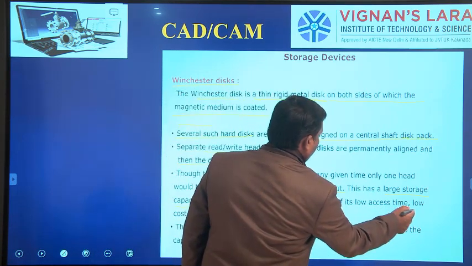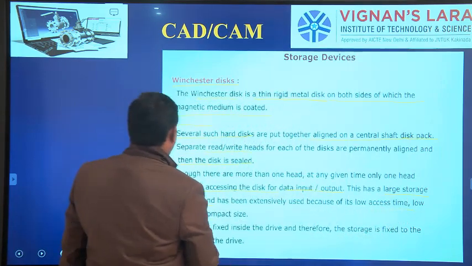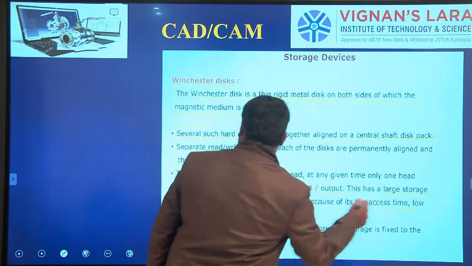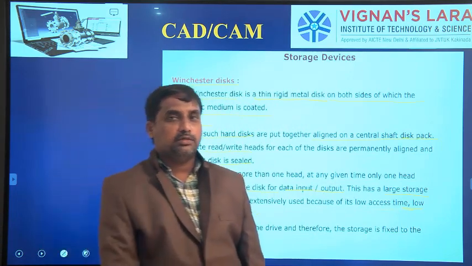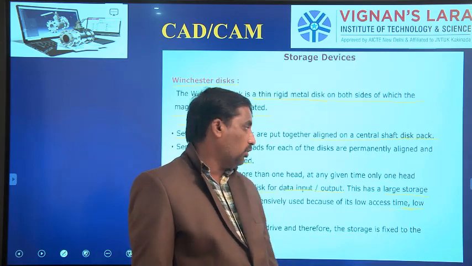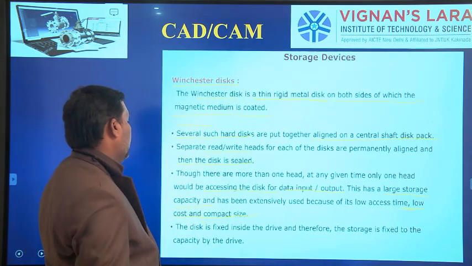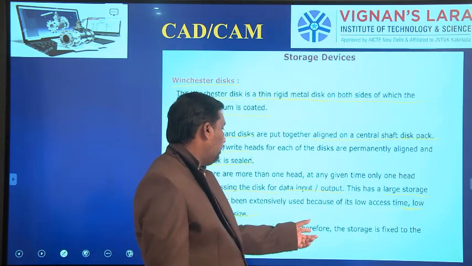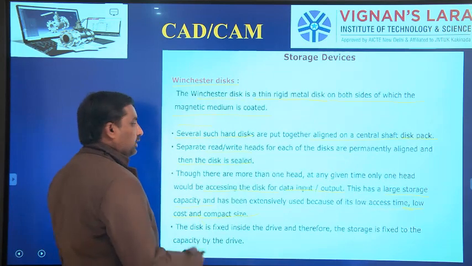Its features are low access time, low cost, and compact size. The disk is fixed in the drive, therefore the storage space is fixed to the capacity by the drive.